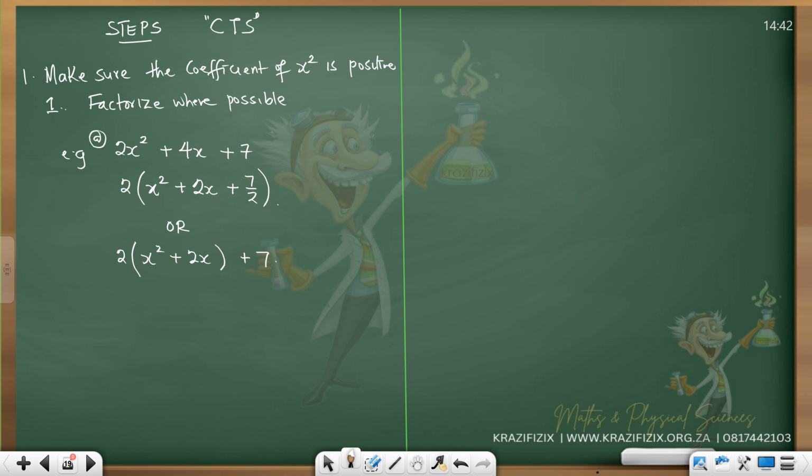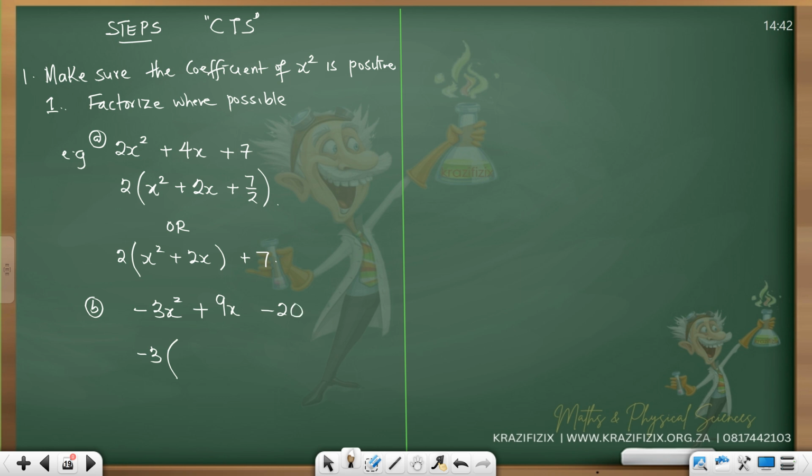Example, let's call this example A. If I have example B, negative 3x squared plus 9x minus 21. I cannot do anything until I bring out that negative 3. Even if this one is not, let's make it a 20.